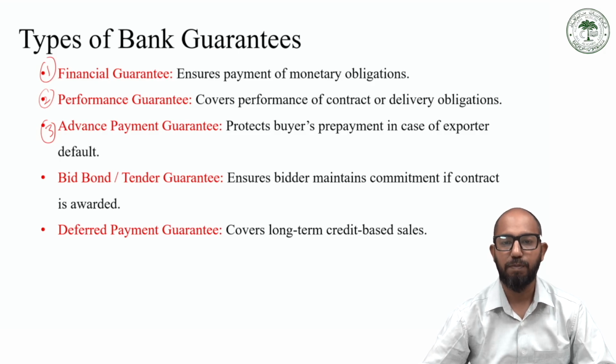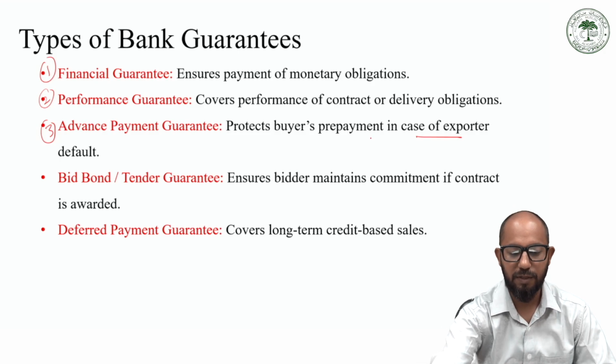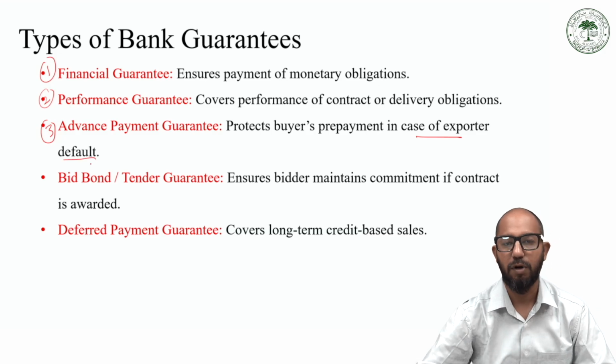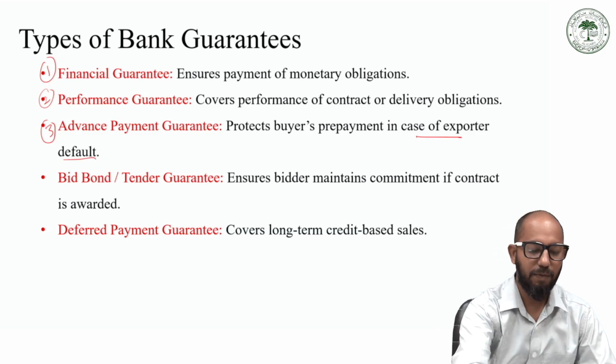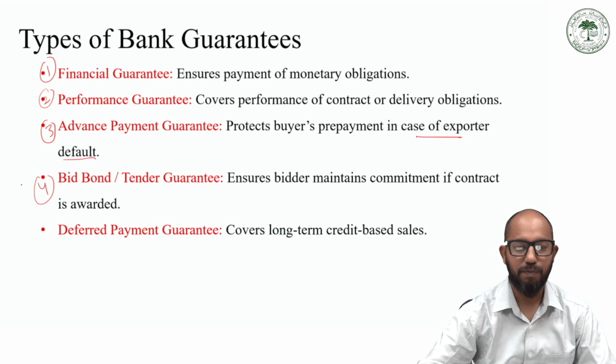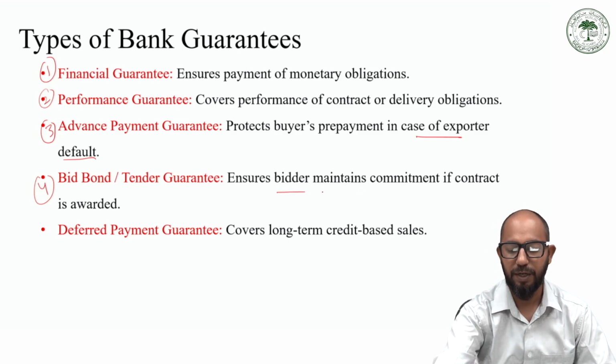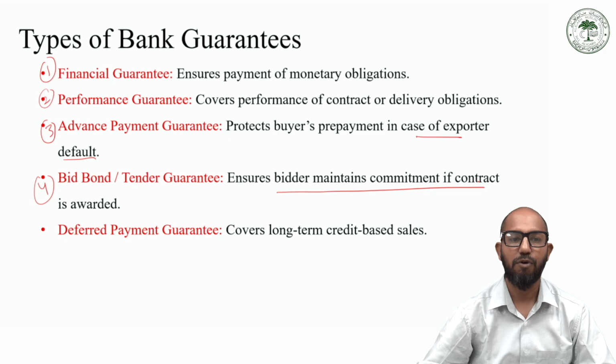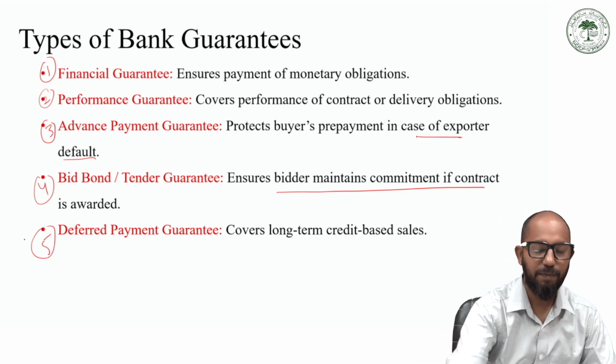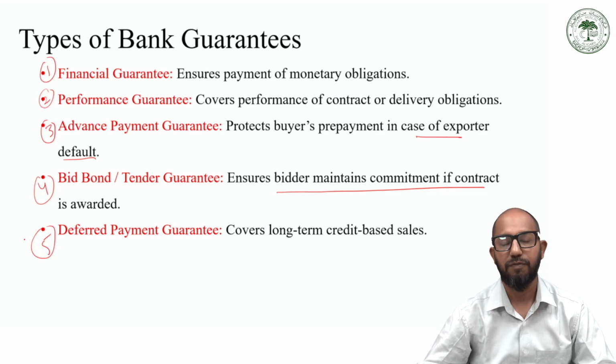This protects the buyer's prepayment in case of exporter default. The fourth type of bank guarantee is bid bond or tender guarantee that ensures the bidder maintains commitment if the contract is awarded. And the fifth type of bank guarantee is deferred payment guarantee, which covers long-term credit-based sales.